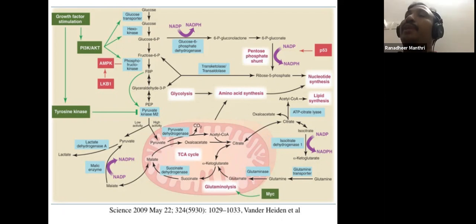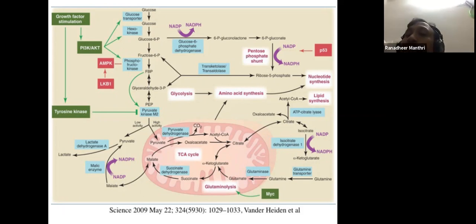When the P53 tumor suppressor gene is lost, there is stimulation of the pentose phosphate pathway, with a lot of conversion into ribose 5-phosphate, and this is the problem here. So loss of P53 leads to a lot of production of ribose 5-phosphate. Because there is ribose 5-phosphate, there is continuous cell division.